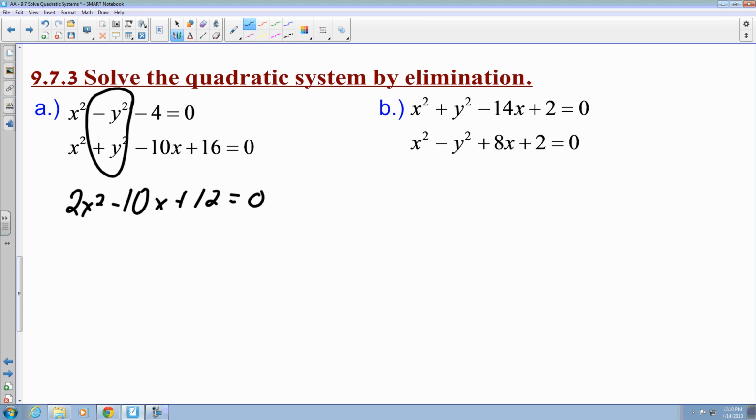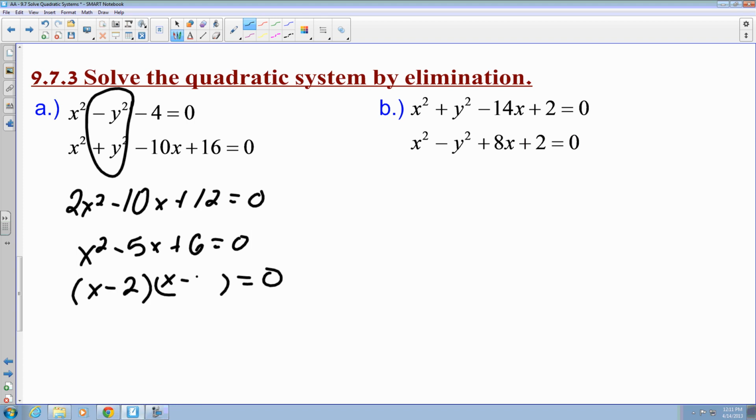So from here, I can divide things by 2, so that's x squared minus 5x plus 6 equals 0. I can reverse FOIL that. This is x minus 2 and x minus 3, so this is going to be x equals 2 and x equals 3.